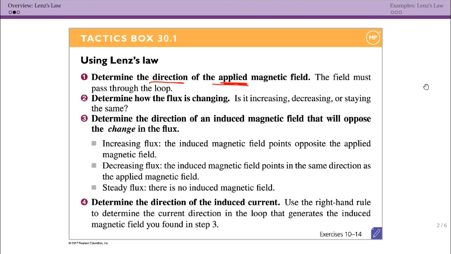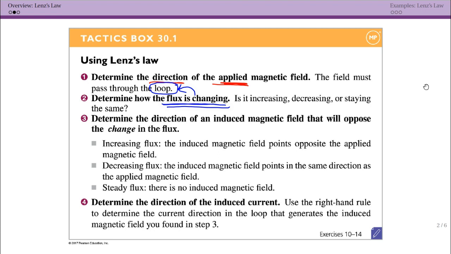Now then, we're always going to be talking about some sort of loop. So the direction you're figuring out is at the loop, in the loop, because then we need to think about how the flux is changing. And this is going to be the flux in the loop. And again, the previous video went through what flux is. So we always have to have a loop to define flux.